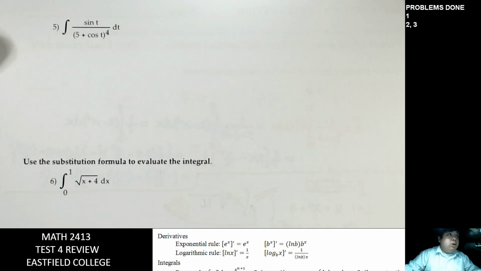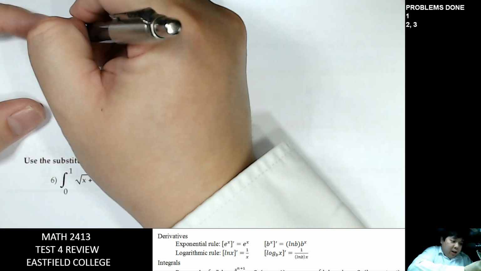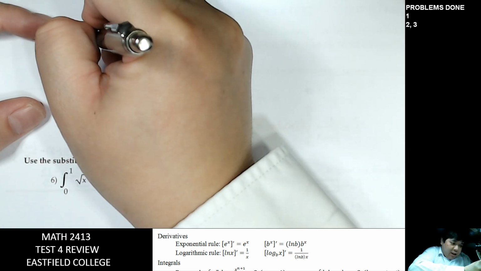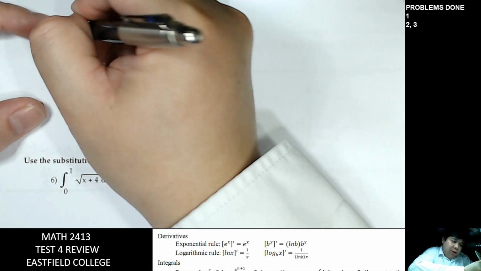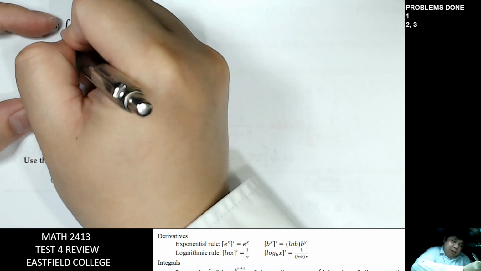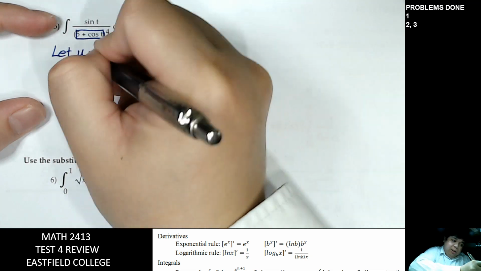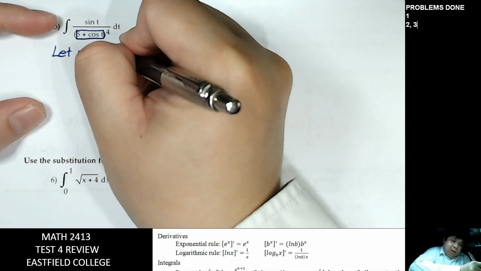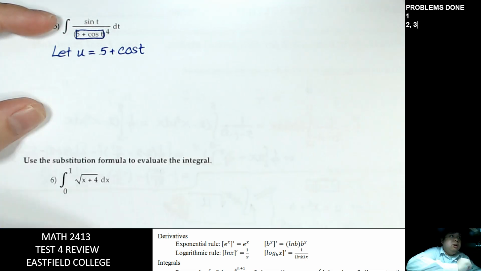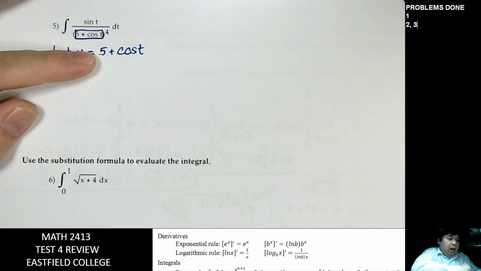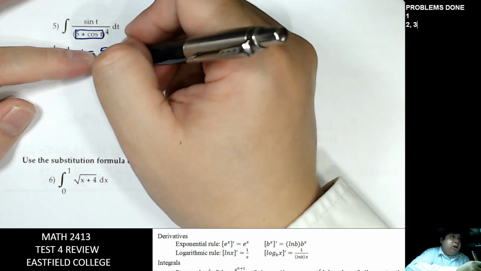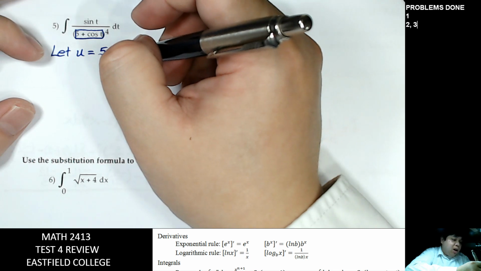Right, for this one, let this be u. The reason we let this be u is because when we take the derivative of this, we have a negative sign.